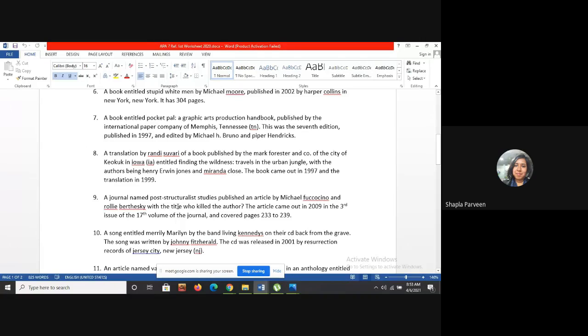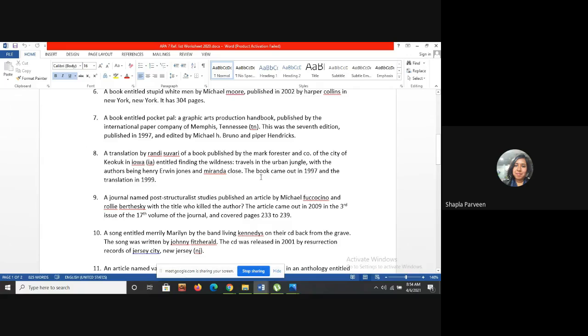Okay, entry number 8, this is a translation. A translation by Randy Suvari of a book published by Mark Frost and Co. of the city of Keokuk in Ohio. Okay, entitled Finding the Wilderness, Travels in the Urban Jungle, with the authors being Henry Irwin Jones and Miranda Close.